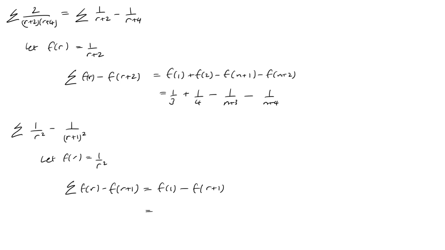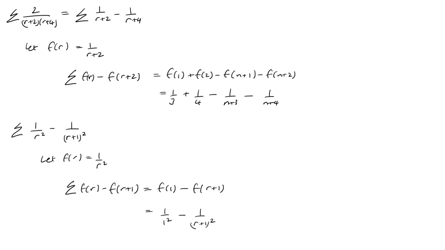So again now substituting in, 1 over 1 squared minus 1 over (n+1) squared. Which is exactly what we got when we looked for the pattern. So you can use it to check, you can use it to do it.